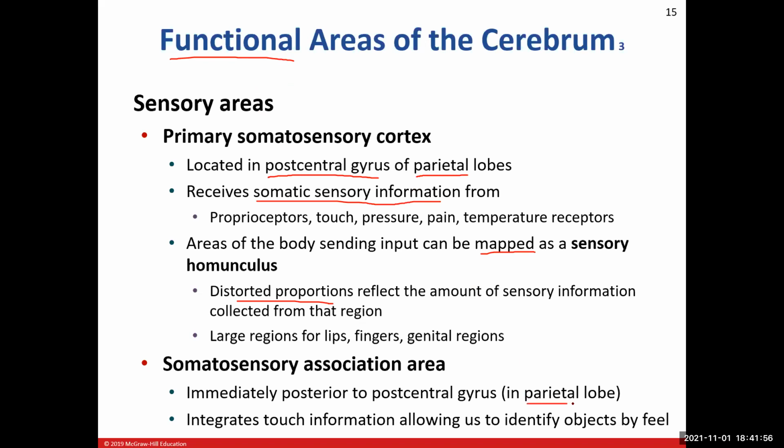It's going to be in the gyrus right behind the post-central gyrus there. So it's going to be just behind our primary somatosensory cortex. And so this area is going to store memories of certain things.